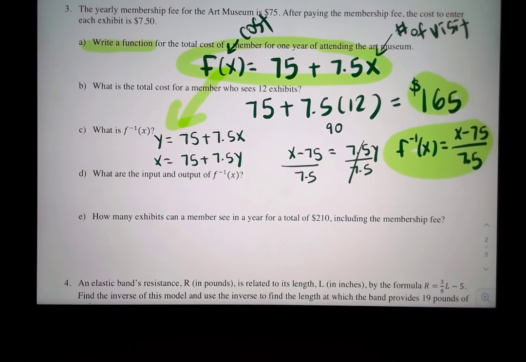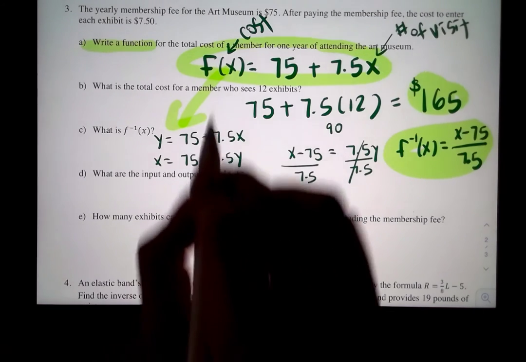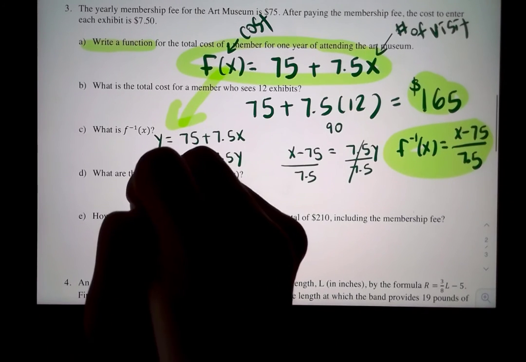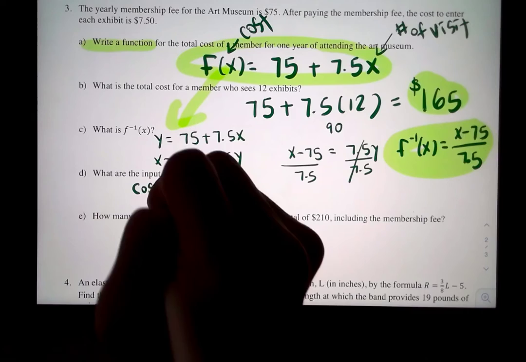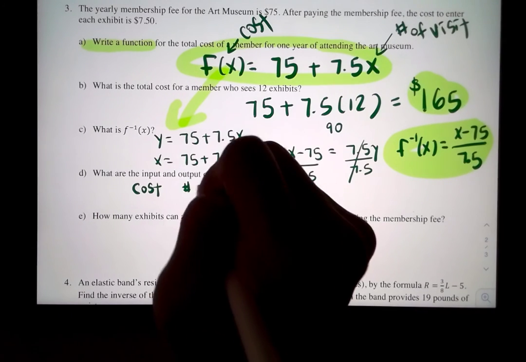Then we got the inverse function, so your domain and range switched. So for the input of the inverse, what is it? That's cost. This is the money you pay, right? So input is the cost, and output will be the number of visits.